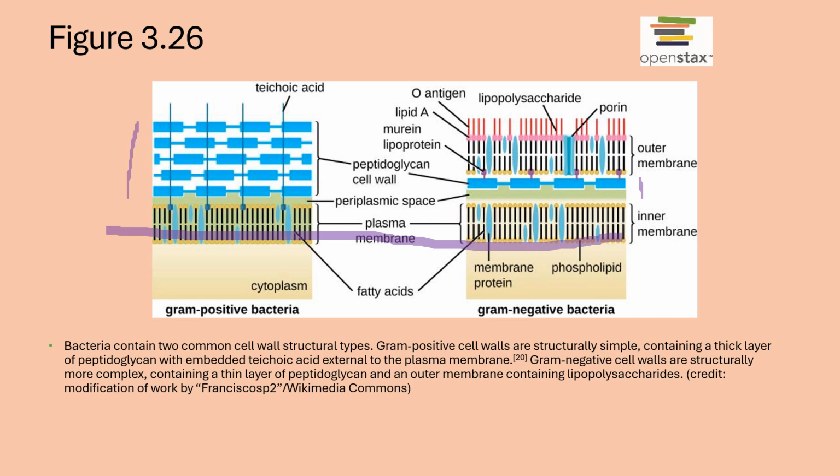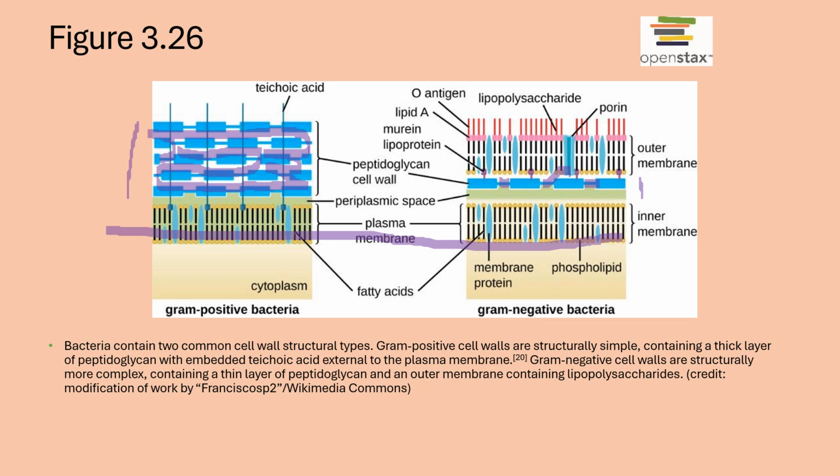So what happens is, see how this looks like a lattice work? When you do a gram stain, that crystal violet literally comes in, and it's in between all of this area, all in here. The iodine helps to stabilize it, and so that's why it's going to look purple. Versus over here, it just goes in this area pretty much, and here.